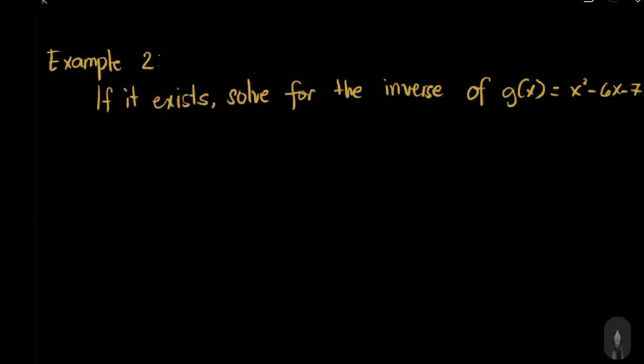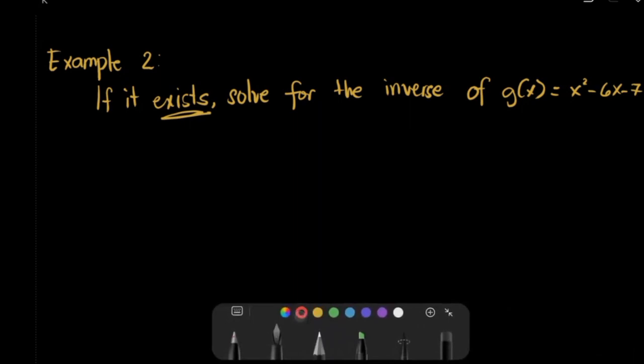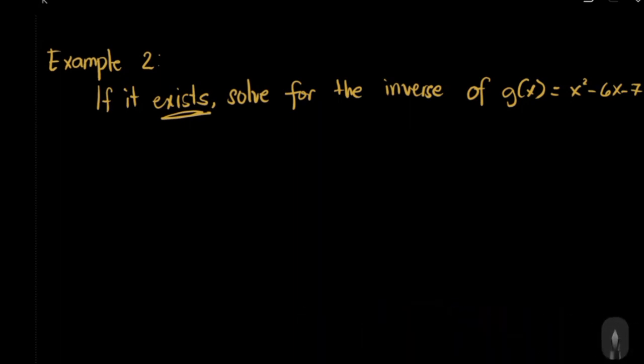Now, let's have example number 2. If it exists, solve for the inverse of g of x is equal to x squared minus 6x minus 7. Now, as we can see here, ang atong function is quadratic because of the exponent 2. Now, if the exponent is 2 and the coefficient of x squared here is 1, therefore, ang atong graph kay parabola.